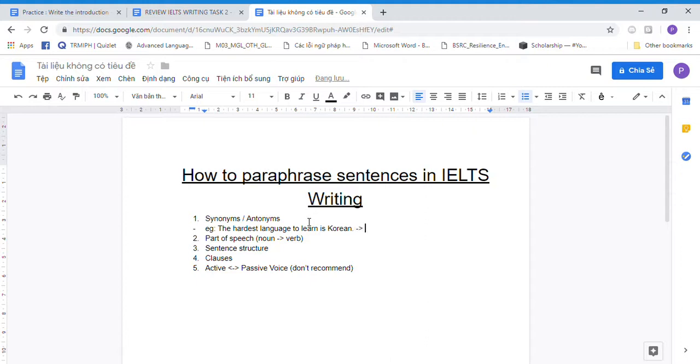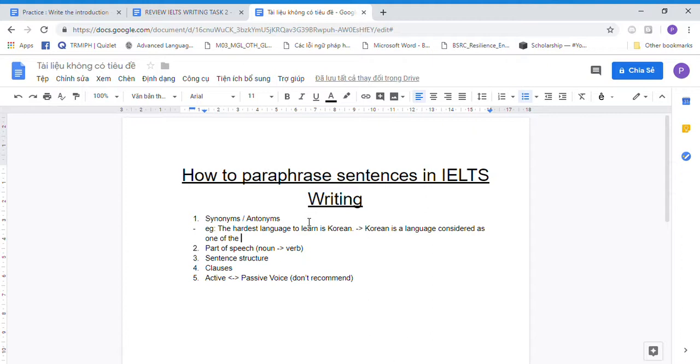And then we can change it into: Korean is a language considered as one of the most difficult to master.